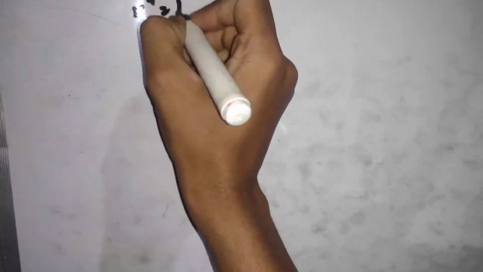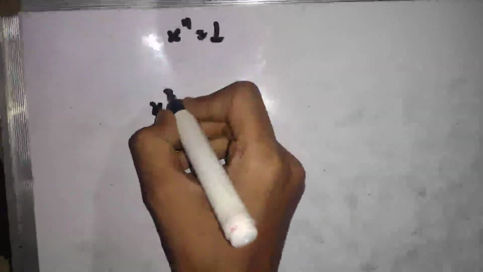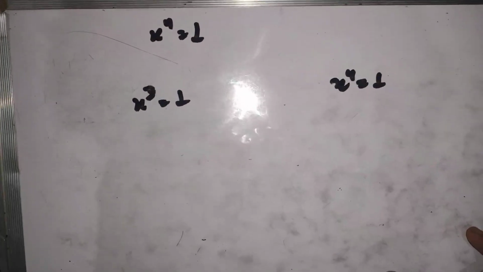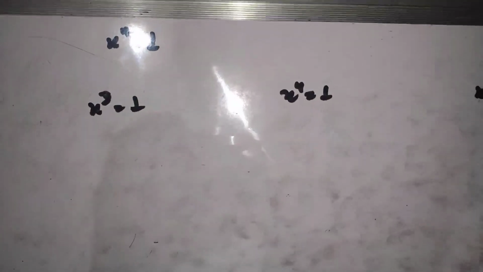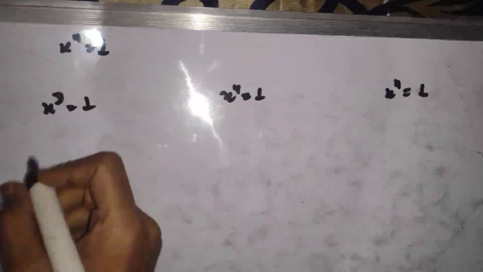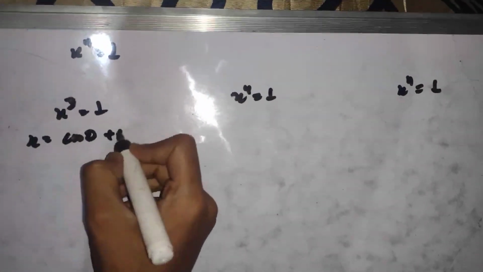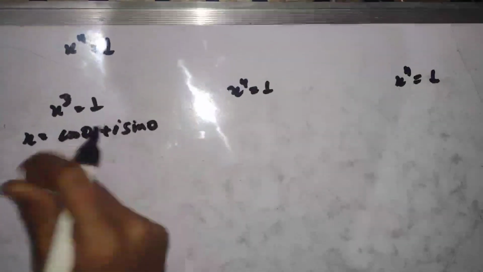But before talking about this equation, let's recall something very basic which we learned just now, and then we will intuitively imagine the roots of the equation x to the power n equals 1. So these three equations we are going to deal with. Here our first root was x equals cos 0 plus iota sine 0, which is 1.